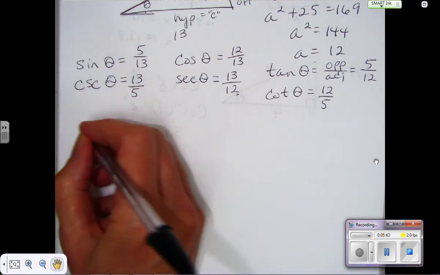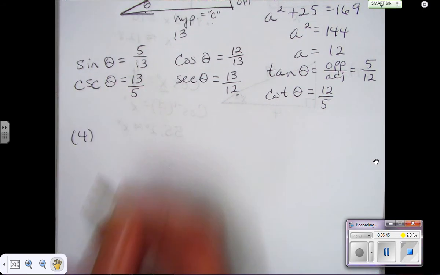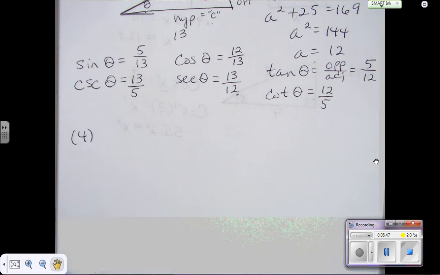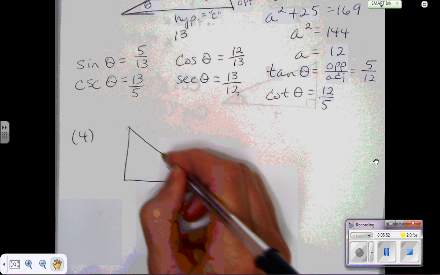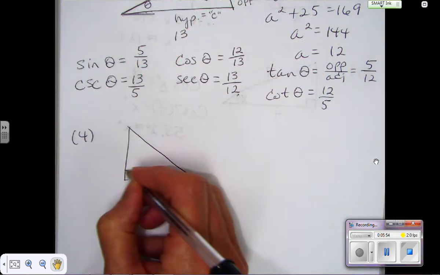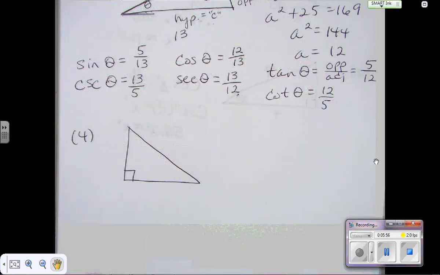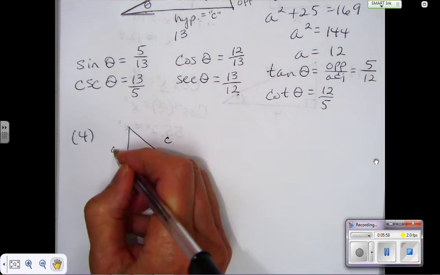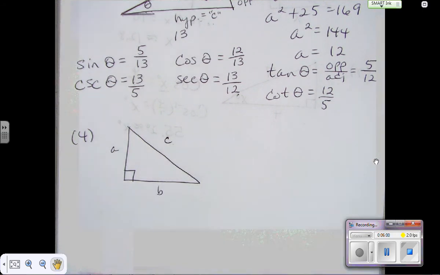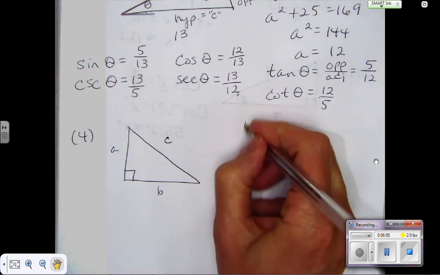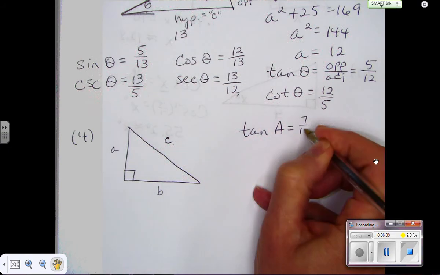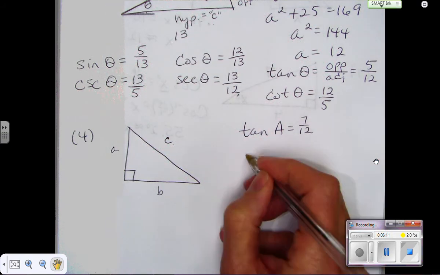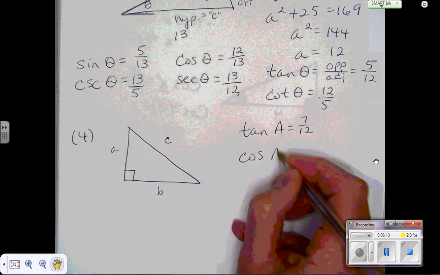Okay, so looking at the bottom, you have a right triangle, and angle A and angle B are acute. So I can draw that right here. So this is side C, and it doesn't matter which is A and which is B. Those are interchangeable. So if tangent of A is 7 over 12, what is cosine A?